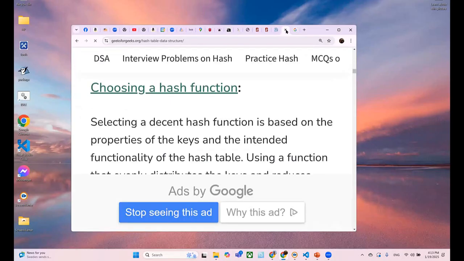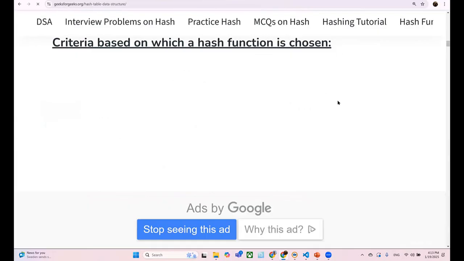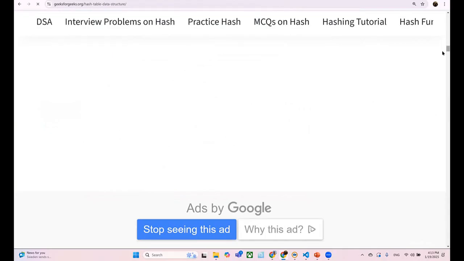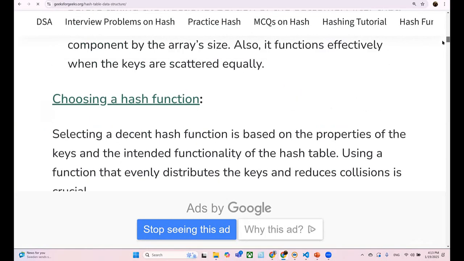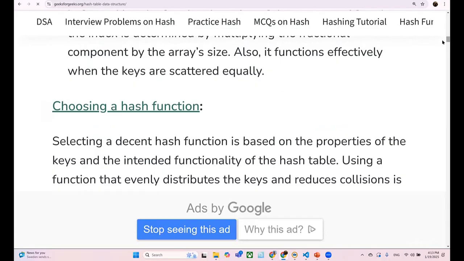The purpose of that is to teach you what a hash function is. The hash function is basically multiplier based or division based, but usually they use prime numbers to do it.